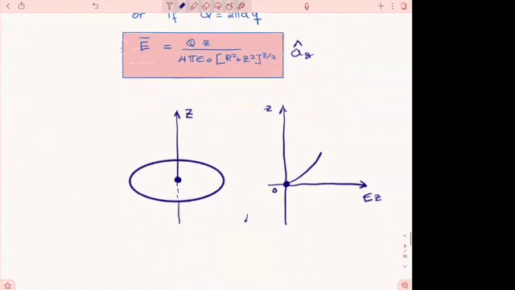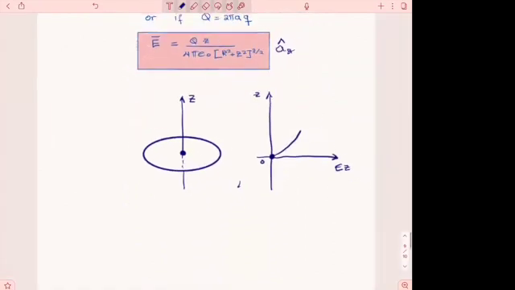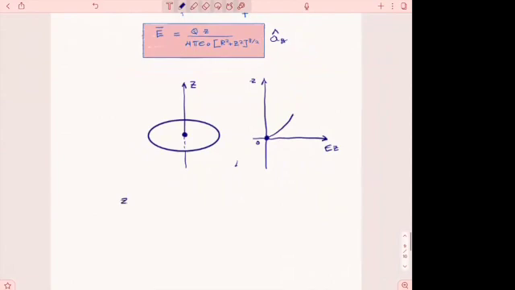all right, so let me write here so you can explain it to me. If z becomes much bigger than r, what happens? E sub z is q z over 4 pi epsilon naught, and then r in front of z is much smaller, so I can write z squared to the 3 over 2, which is z cubed, which is then equal to q over 4 pi epsilon naught z squared.